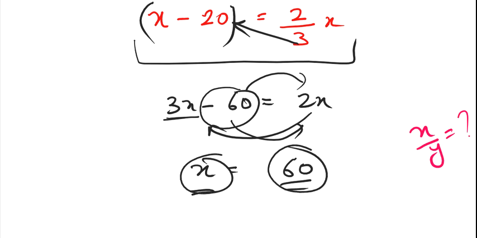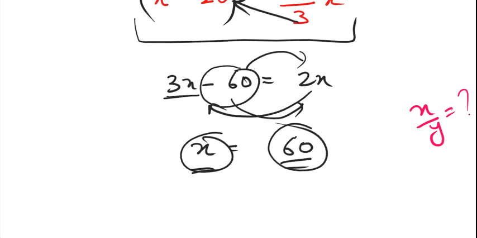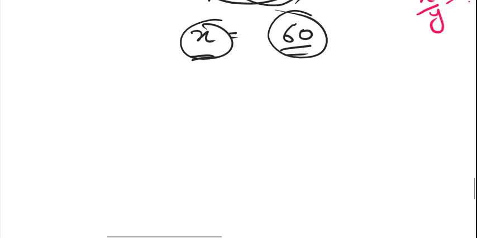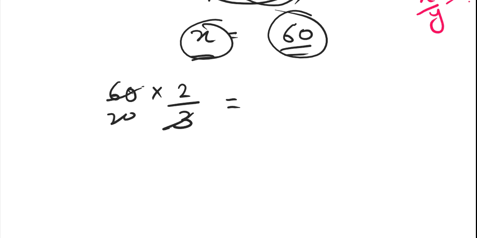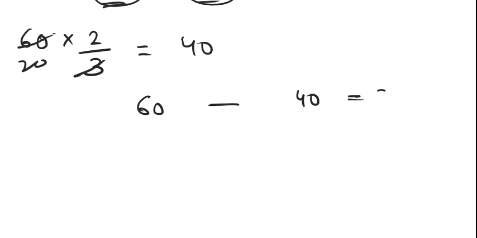So the value of x is 60. So our original number is 60. If we take 2/3 of the original number, it will become 40. See, our original number is 60 and 2/3 of the number is 40, and the difference of 60 and 40 is 20. This number is okay.